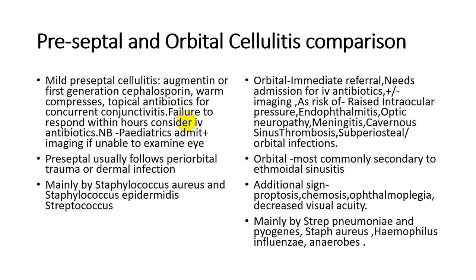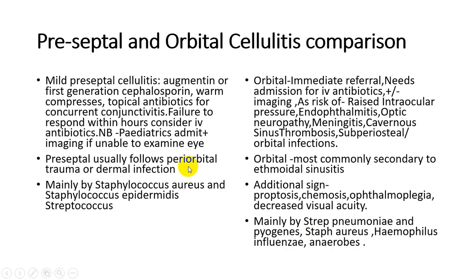Preseptal cellulitis is usually caused by Staph aureus, Staph epidermidis, Streptococcus, and orbital cellulitis is mainly by Strep pneumoniae, Strep pyogenes, Staph aureus, Haemophilus influenzae, and anaerobes.